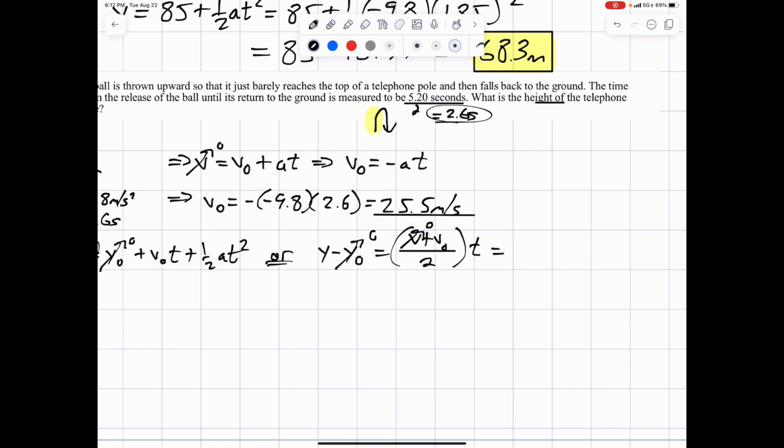So that would be v naught, which is 25.5 divided by 2 times the 2.6 seconds it takes to get to the top. So y, the height of this telephone pole, would be 25.5 divided by 2 times 2.6. We have about a 33.2 meter telephone pole.